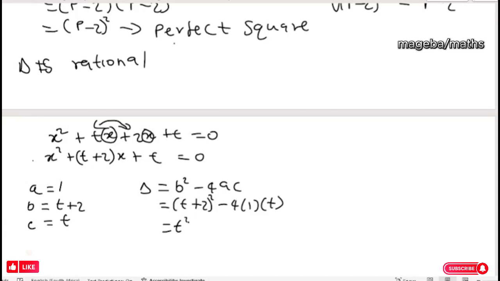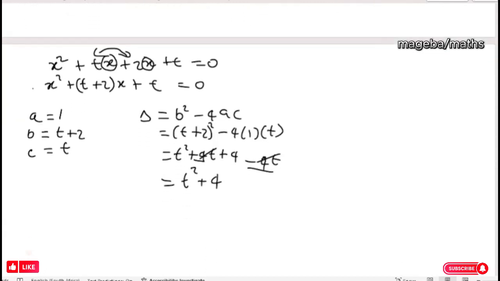It's going to be t squared plus 4t and then plus 4. And then multiplying this, it's going to give us minus 4t. Now from here, this and this are like terms, so they cancel, and then we have t squared plus 4.